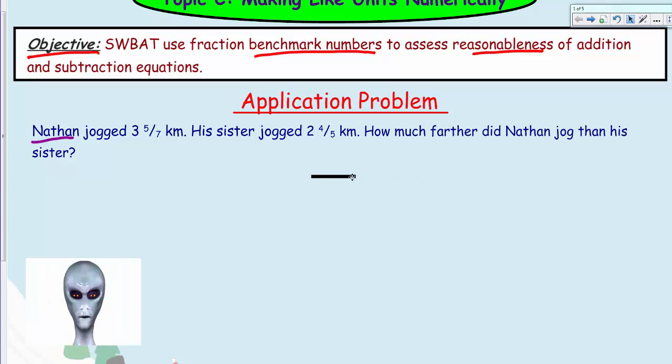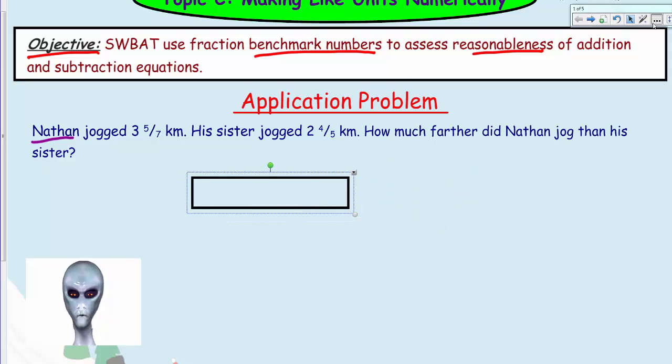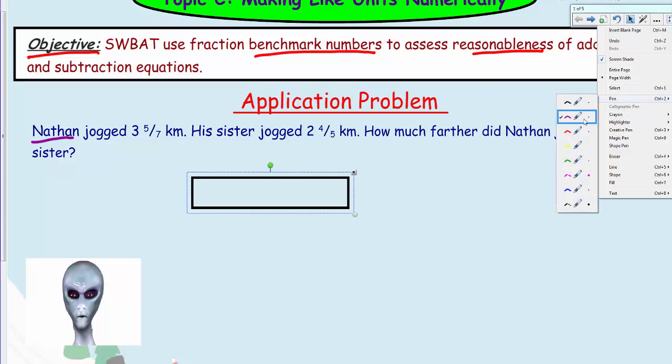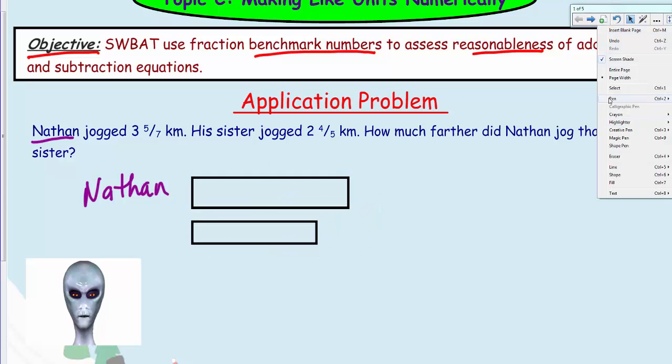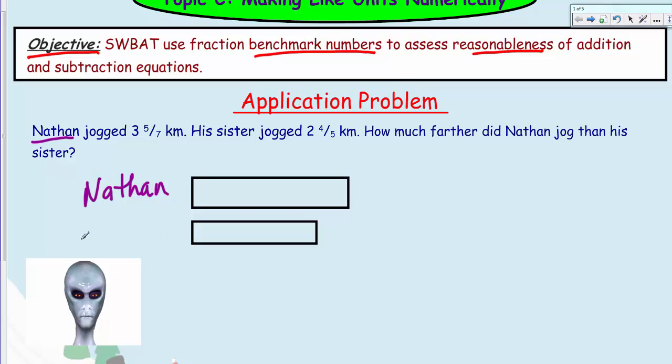We'll set up our wonderful tape diagram. These things are getting to be a little easier the more we do them. Isn't that all about math? Practice, practice, my friends, makes perfect. Okay, this is Nathan here, and then we need to make one more of these, and we'll put sister.